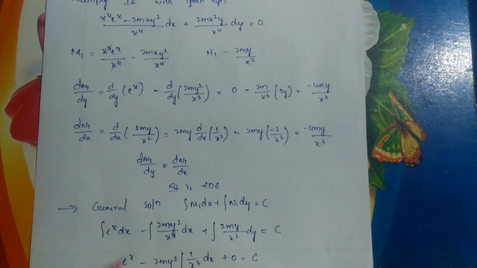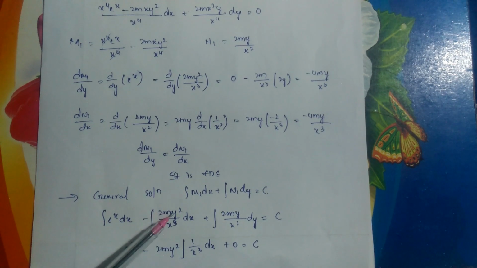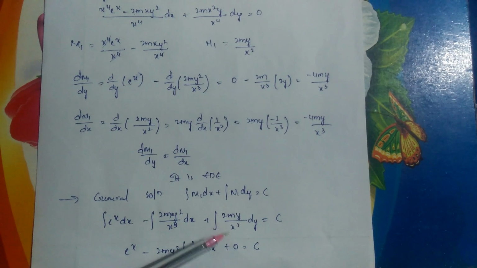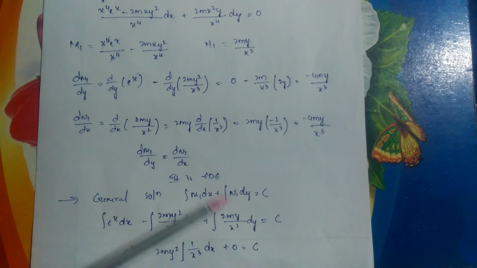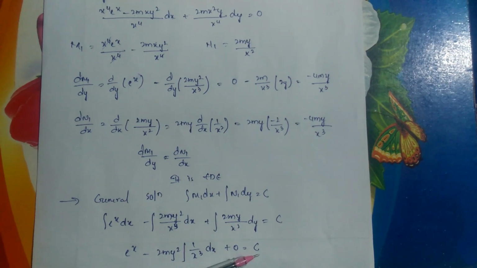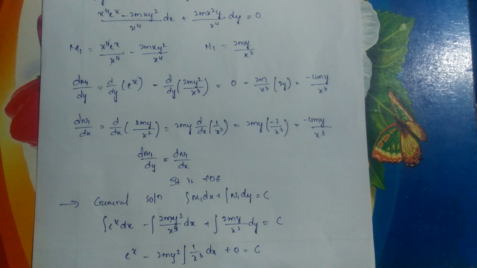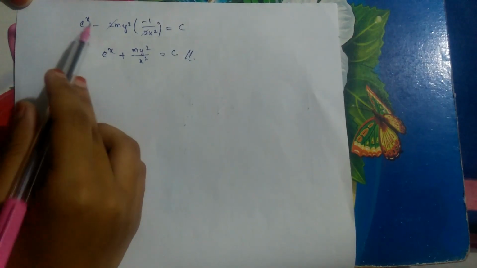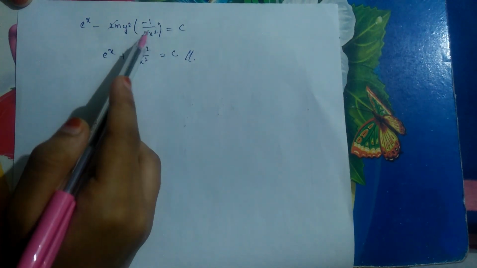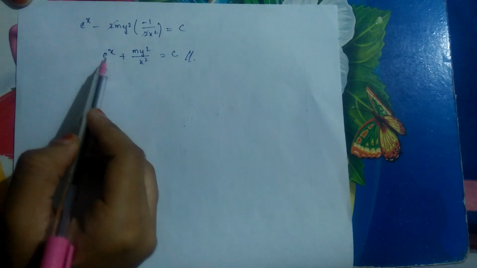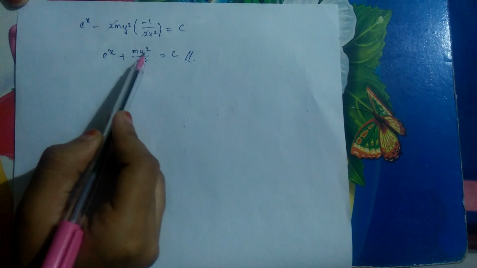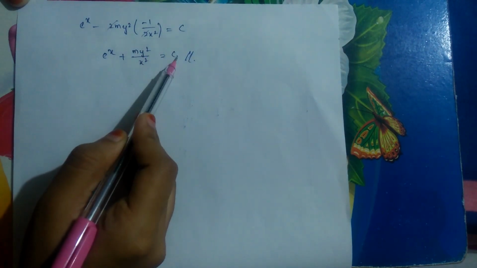So e power x integration is e power x, minus 2my square, which is constant, times integration of 1 by x cube dx, plus this value becomes 0 because the N1 x term should not be present. So its value becomes 0 and that equals c. So e power x minus 2my square, and the integration of 1 by x cube is minus 1 by 2x square. Here 2 will be cancelled, then minus into minus is plus, so we get e power x plus my square by x square equals c, which is the general solution.